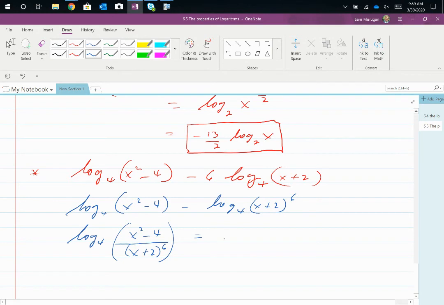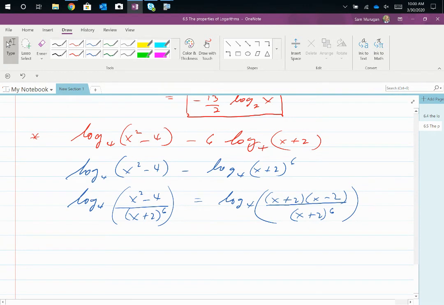Now notice that you can factor the numerator into x plus 2 times x minus 2 over x plus 2 to the 6th power. So one x plus 2 will cancel with one of the x plus 2's in the denominator and make the power 5. So your final written solution is x minus 2 over x plus 2 to the power 5.